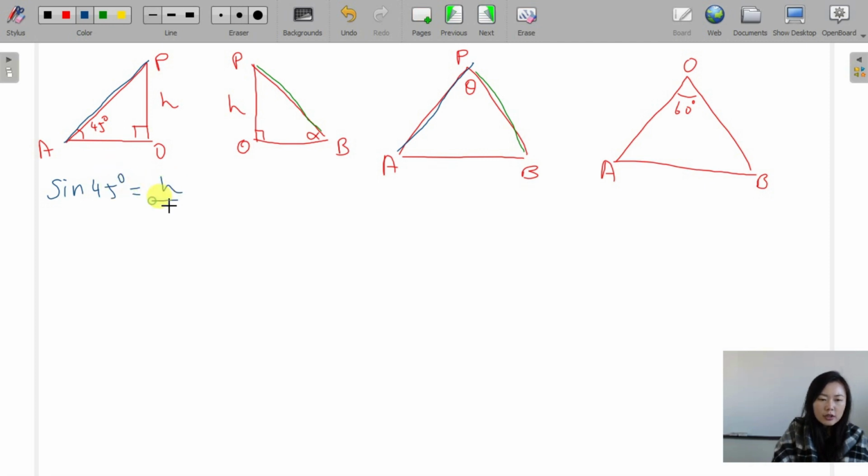It's H on AP, 1 on root 2, H on AP. AP is root 2h. Okay, so that's root 2h.